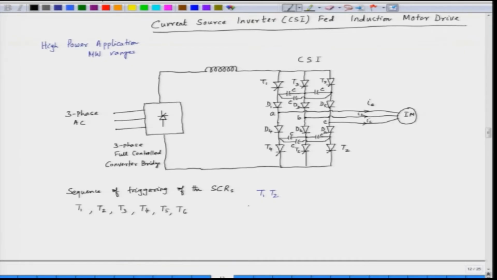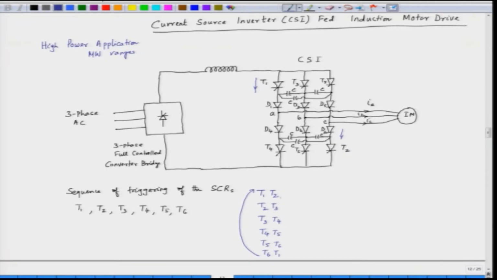When T1 and T2 are conducting, the current will flow like this and return back through phase C. And after that we have T2 T3, T3 T4, T4 T5, T5 T6, T6 T1 and the sequence repeats. Again we have T1 and T2.